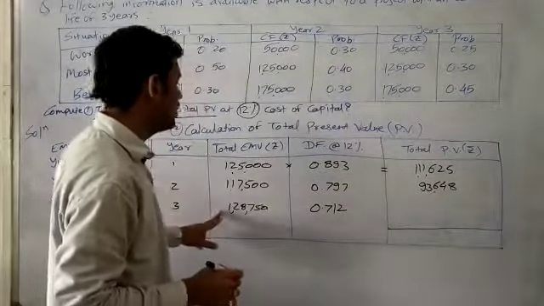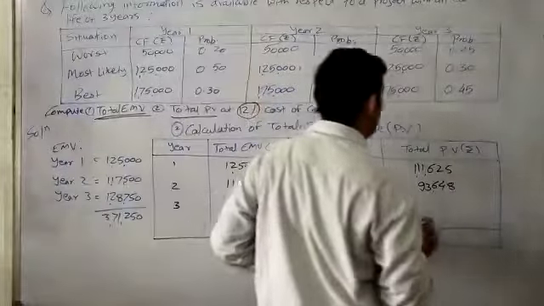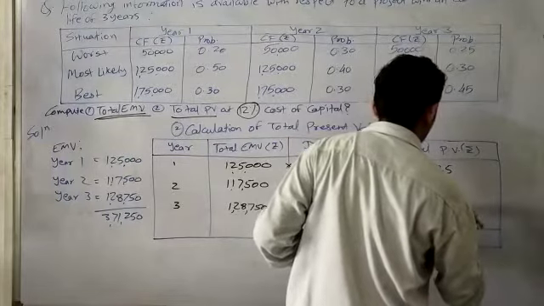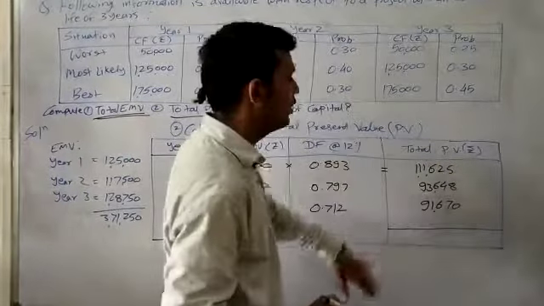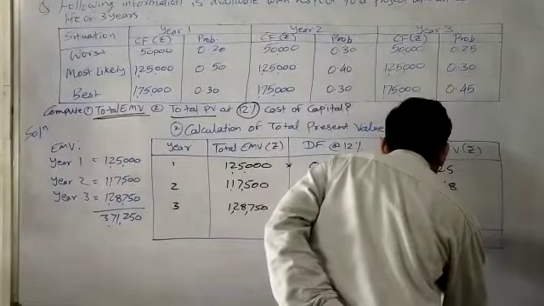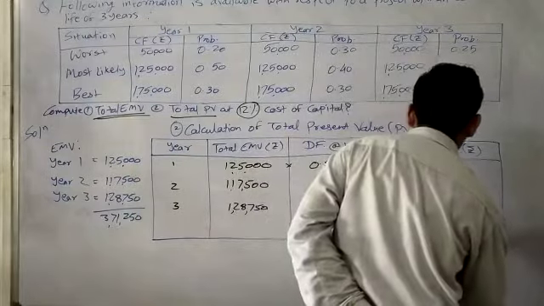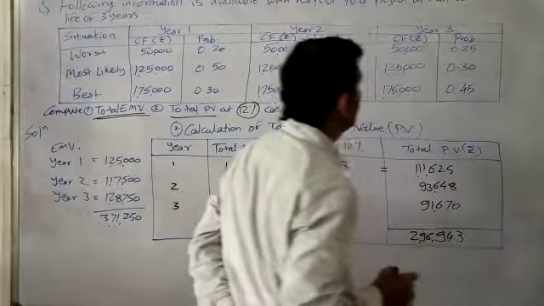For the third year, 1,28,750 multiplied by 0.712 is 91,670, and we have to make the grand total so that we could have our total PV: 2,96,943.